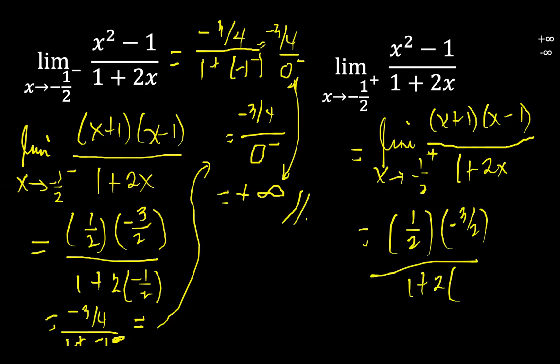Again, the values of x here are more than negative 1/2, so it's just like negative 0.5. If it's more than negative 0.5, that's 0.4999, 0.4998, something like that. So let's simplify that first. Negative 3/4 over 1 plus negative 1.